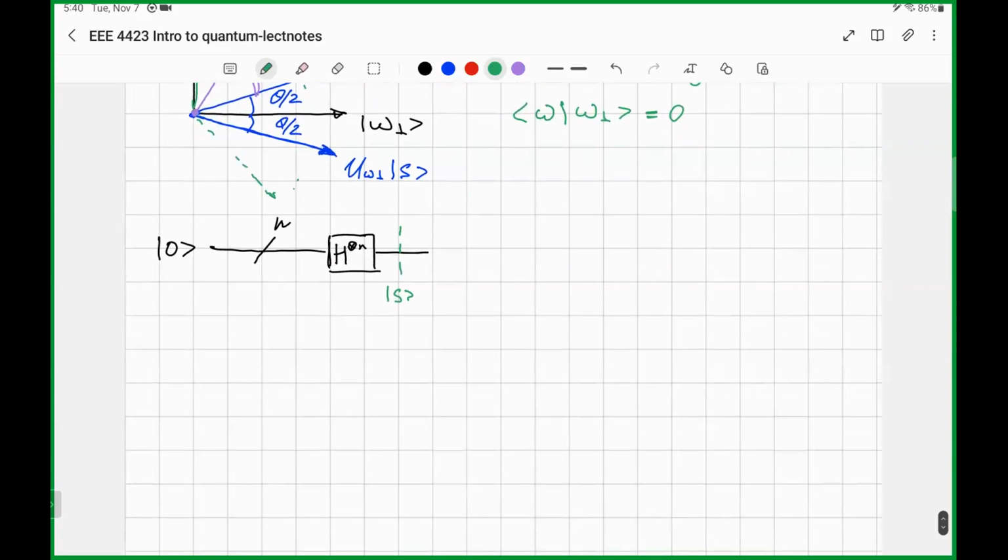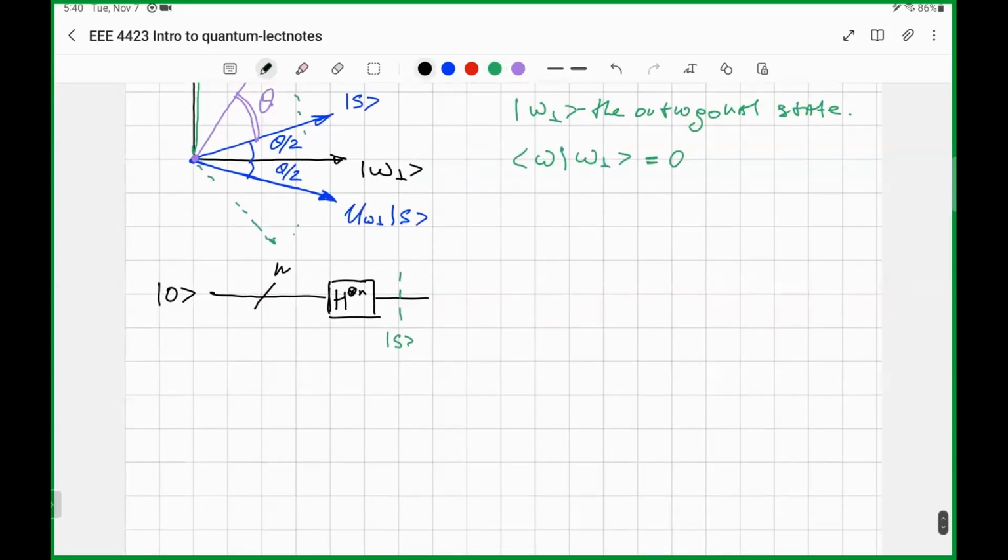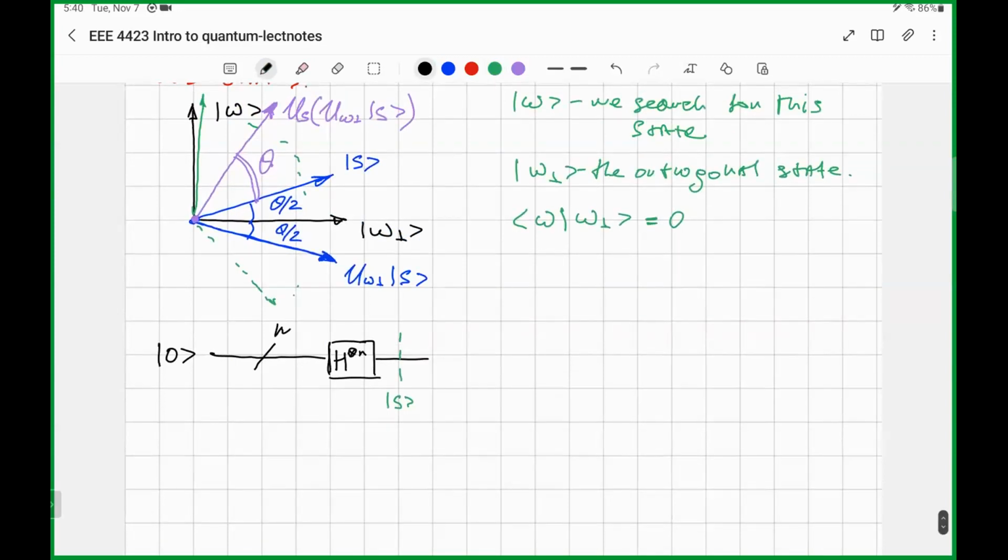So then, according to our discussion here, first we reflect the state S across the vector omega orthogonal by applying the circuit, or well, the combination of gates, which we denoted by U omega orthogonal.